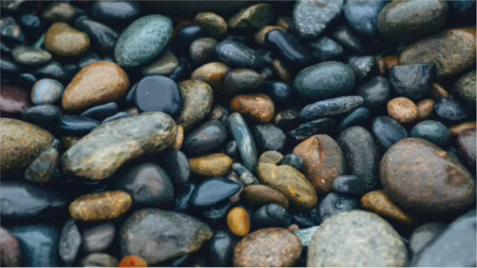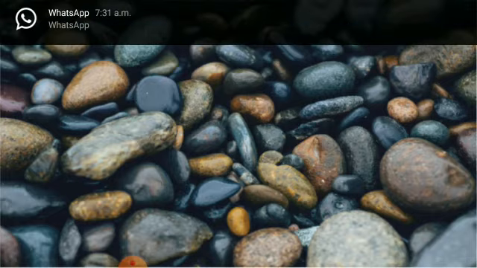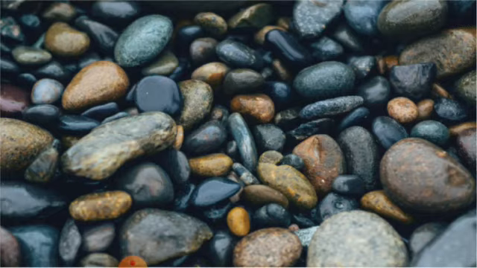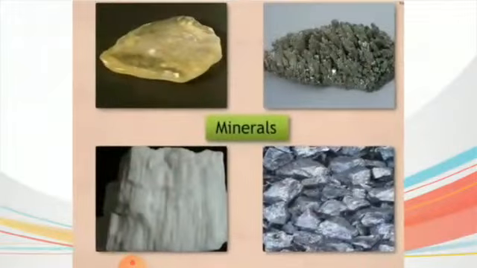Rocks are a mixture of different minerals formed by natural processes in the lithosphere. The properties of rocks depend on constituent minerals and their proportion, as well as on the formation process.